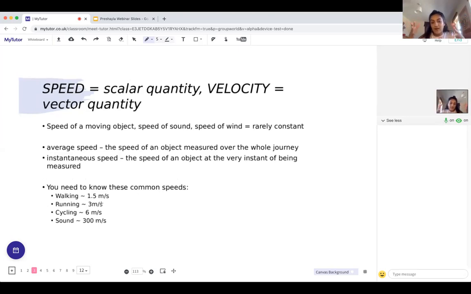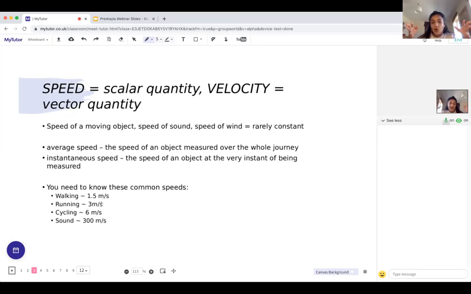We can find the average speed just by doing distance divided by time. That's the normal average speed. However, the speed of that car most likely changes from A to B. It's probably not going to go at constant speed. It might need to stop, there might be a car in front of it, they might slow down for whatever reason, they might go faster. So there might be a few different speeds in A to B.